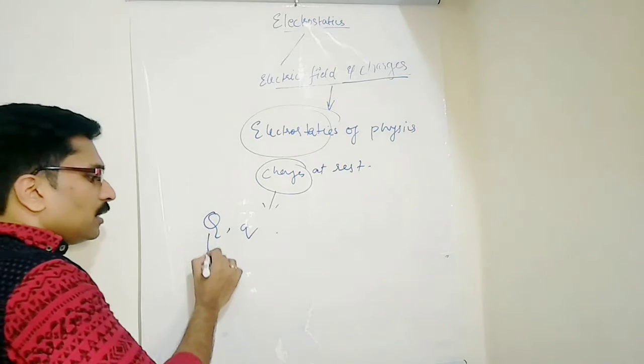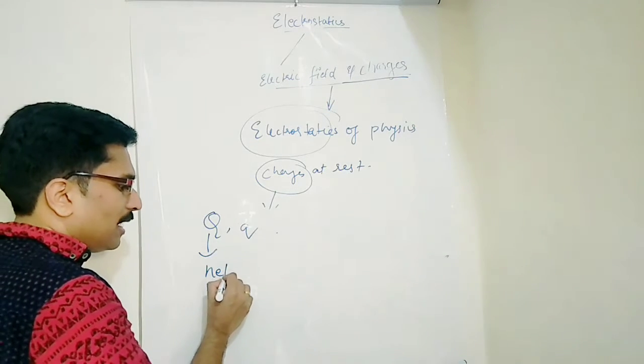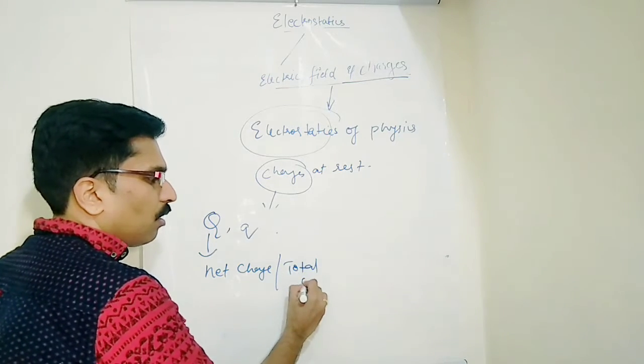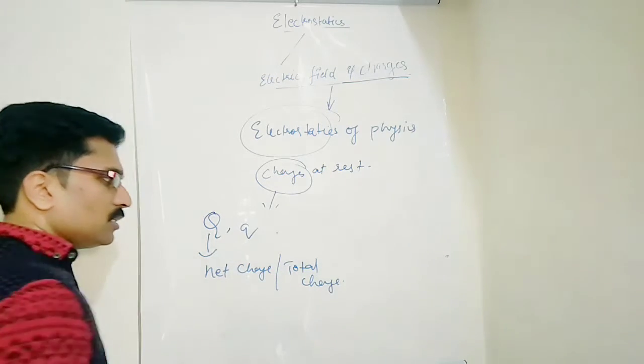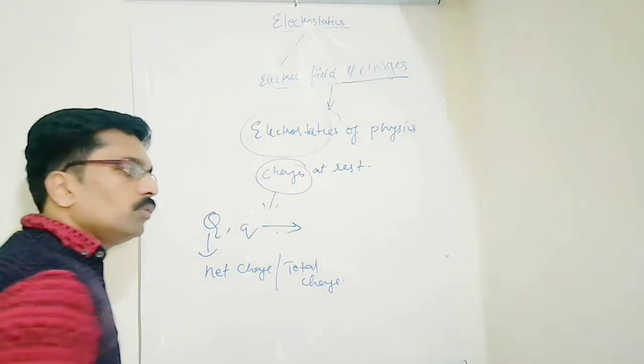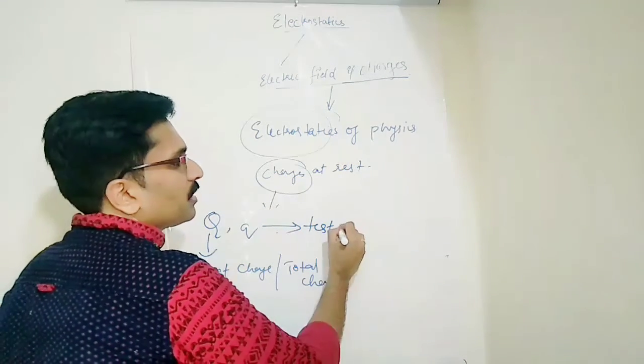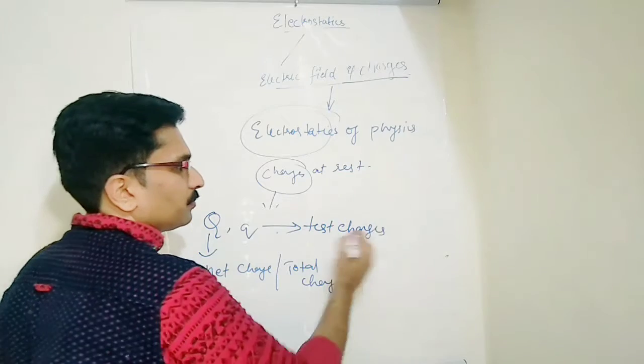Capital Q denotes the net or total charge, whereas small q denotes the test charges.